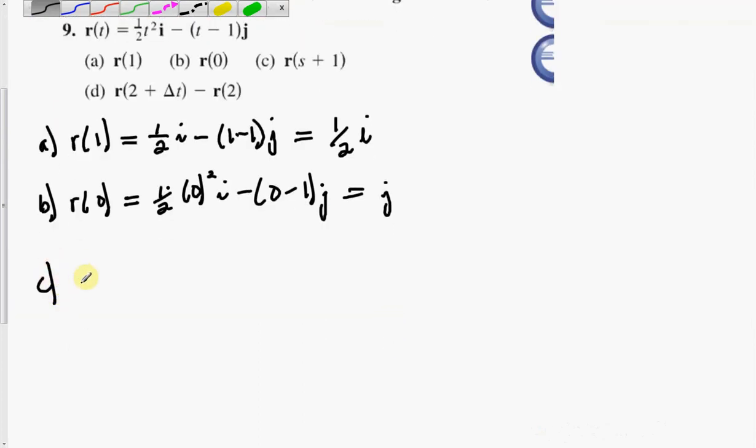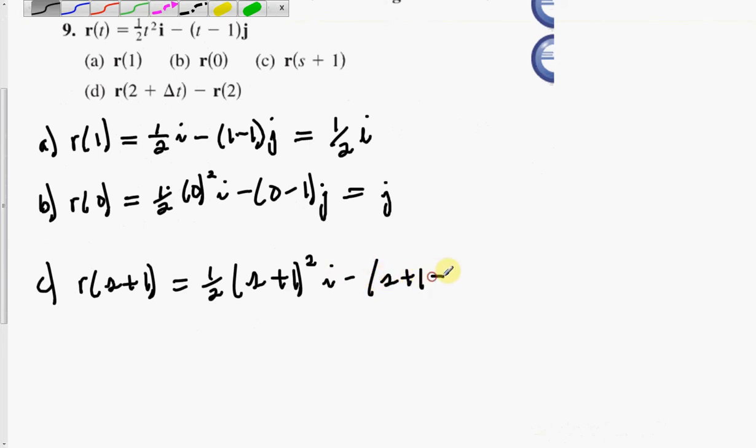Part C, r of s plus 1. This is 1/2 times s plus 1 squared I minus s plus 1 minus 1j.